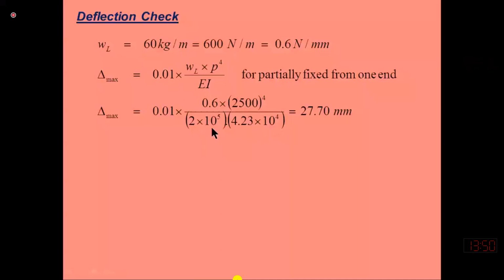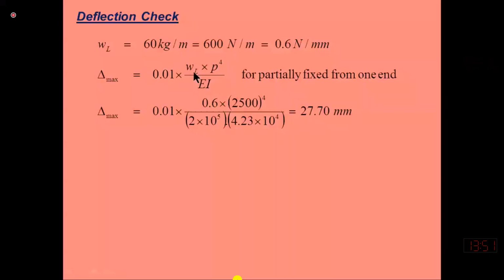Moment of inertia of gauge 22 sheet we have picked from table 4.23, the section properties table for 75 into 20 GI sheet, which is 4.23 into 10 to the power 4. We have computed the maximum or actual deflection due to applied load, and this deflection is 27.7.